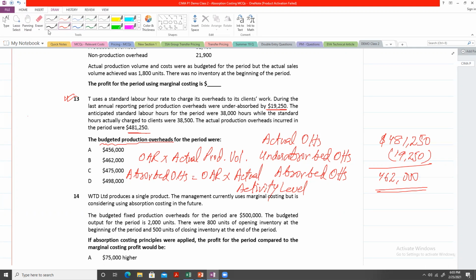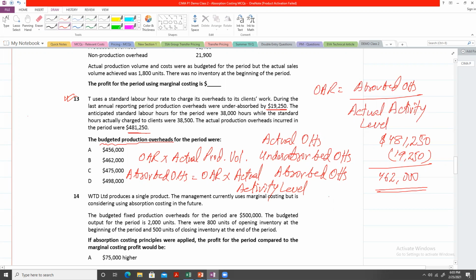Now, what do we need to do? We need to put figures in this formula to get the overhead absorption rate. So the overhead absorption rate will be equal to absorbed overheads divided by actual activity level.